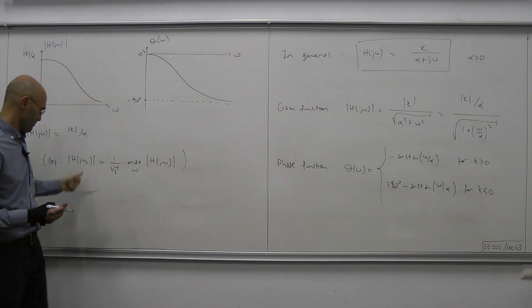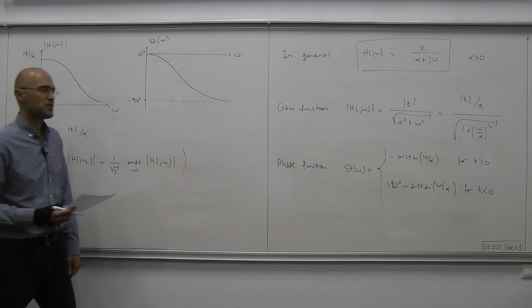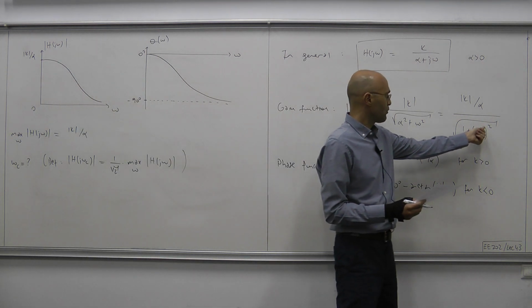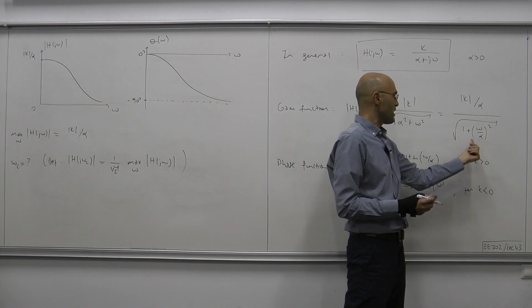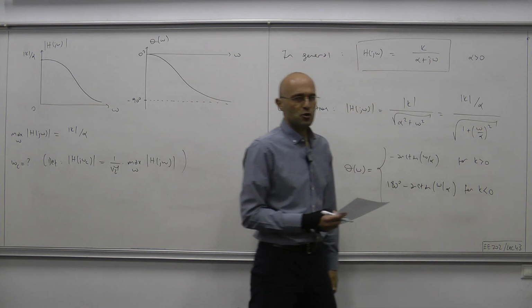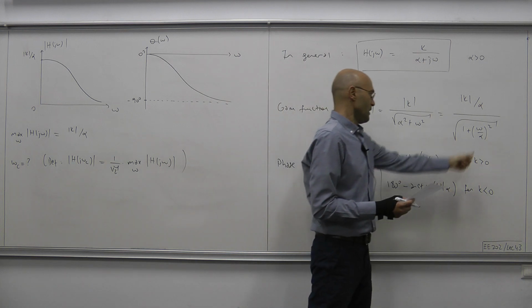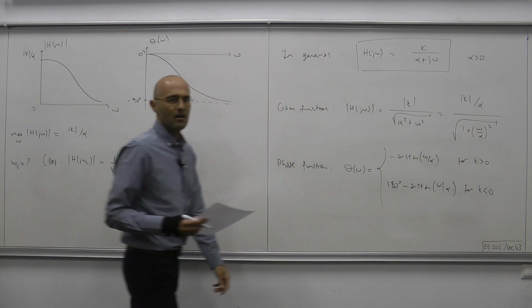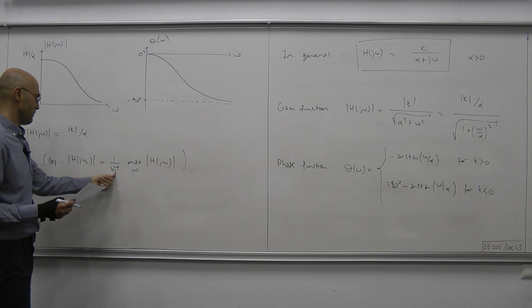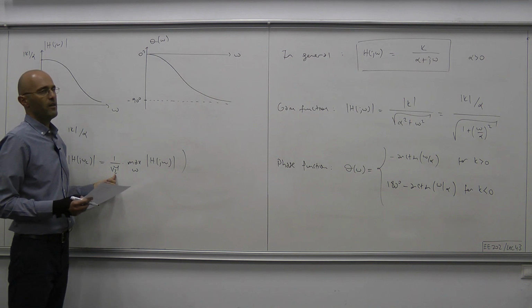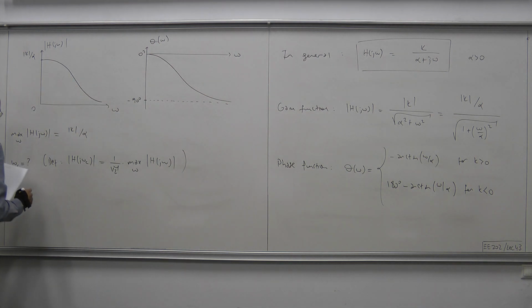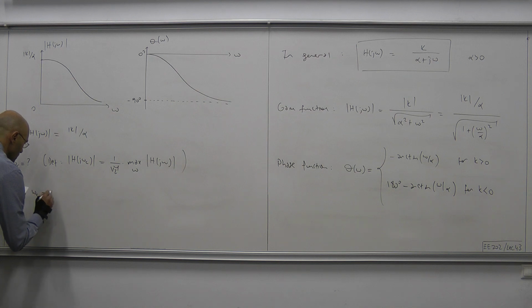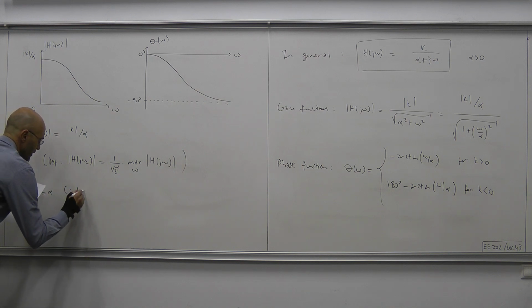Okay, now this is the maximum value, and then this divided by square root of 2 must be the value of the gain function at the cutoff frequency ωc. And then by applying this definition, it's clear that the cutoff frequency should be such that this ω over α equals 1. So we have 1 and 1, that makes square root of 2. So when ω equals α, we have this term 1 over square root of 2. Therefore, the cutoff frequency must be equal to α. Okay, so ωc must equal α, the cutoff frequency.